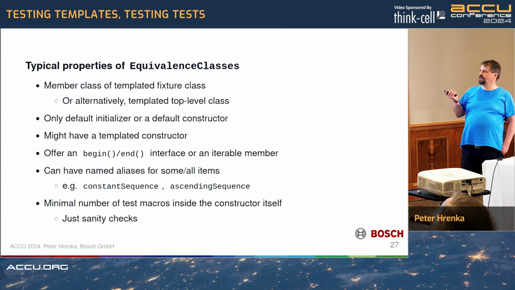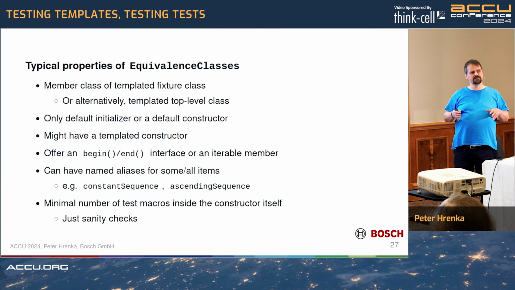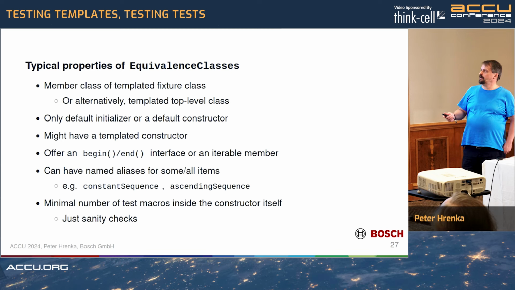And one thing you typically always have is some kind of iteration possibility so that you can iterate over all your equivalence classes. Sometimes you also add aliases for some members of these classes where we say, okay, this is really special. We want to handle that specially, or we want a good name for it, so you can just add a reference alias member.